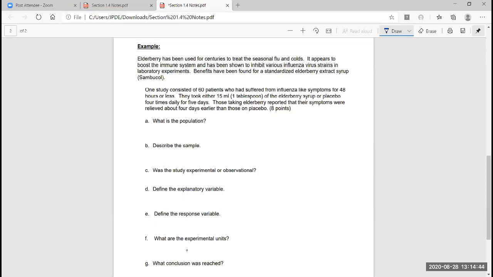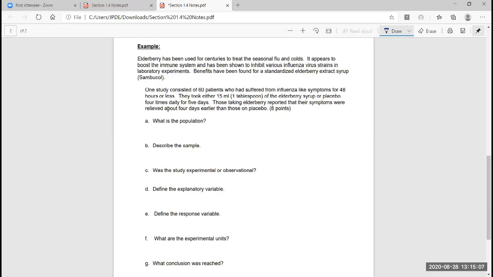So they did this study, which consisted of 60 patients who had suffered from flu-like symptoms for 48 hours or less. They either took 15 milliliters, 1 tablespoon of the elderberry syrup, or a placebo.